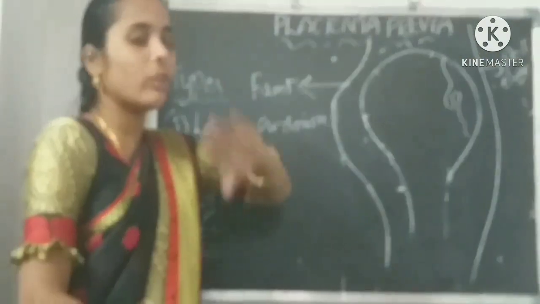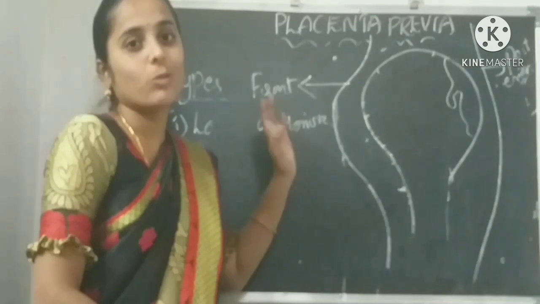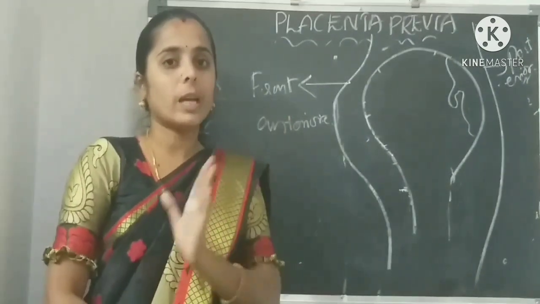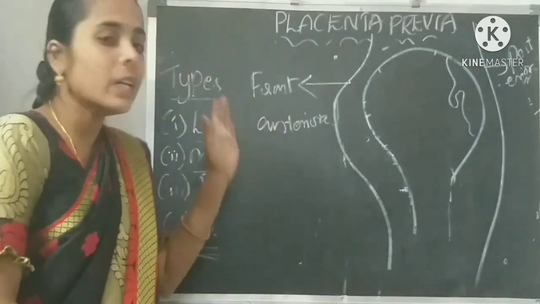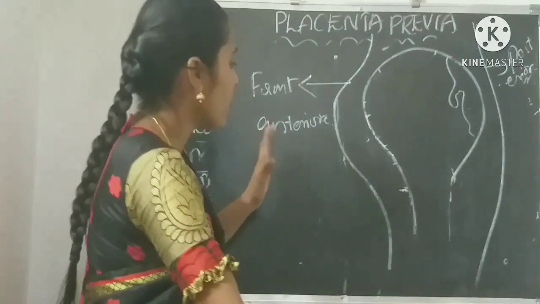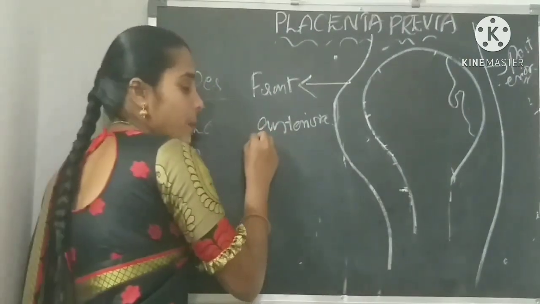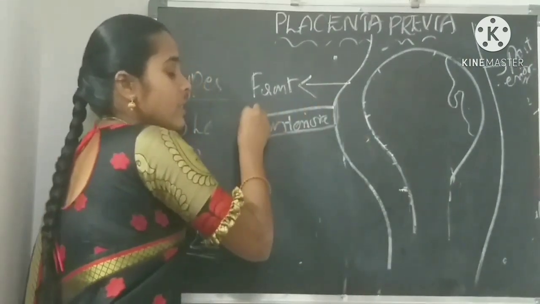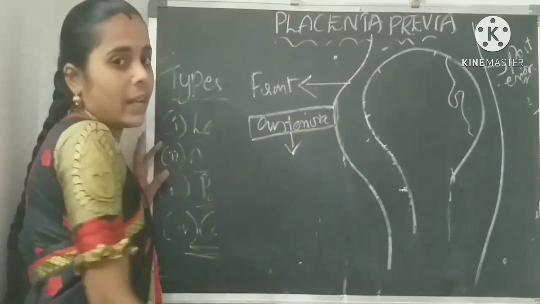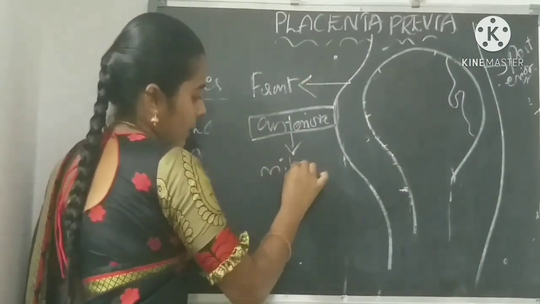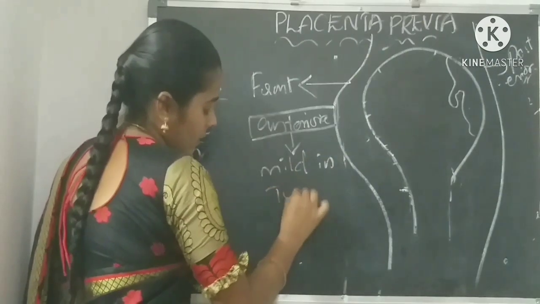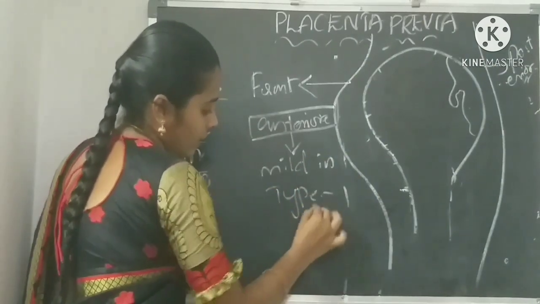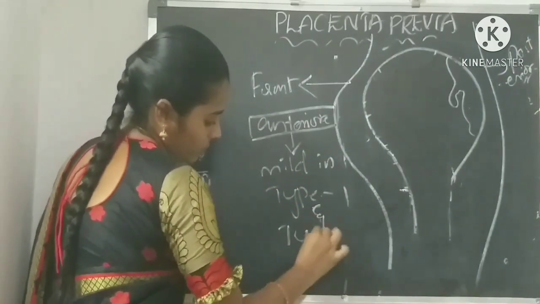So moving back to the topic, type 1, type 2, type 3, type 4. In type 1 and type 2, if the placenta is present anteriorly, then it is regarded as a mild case.